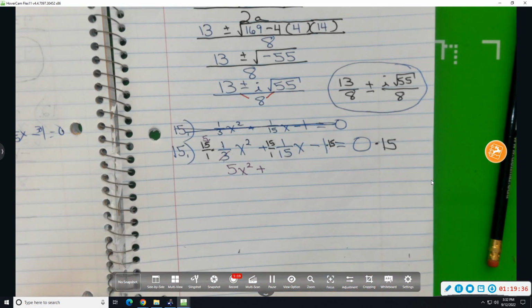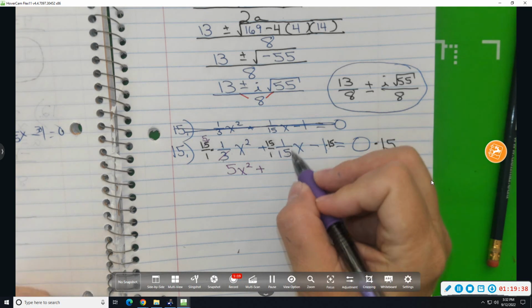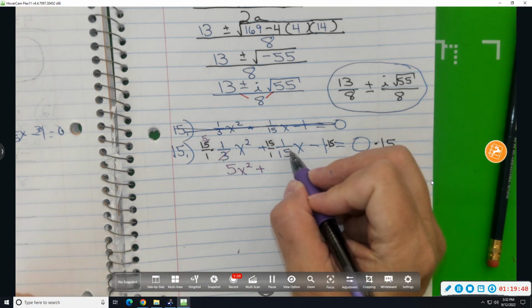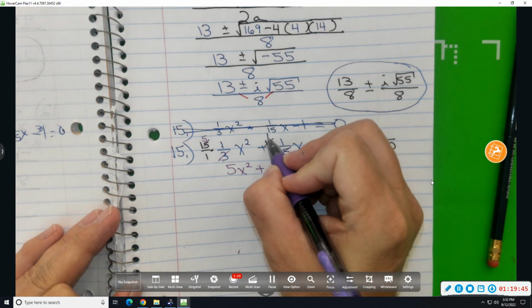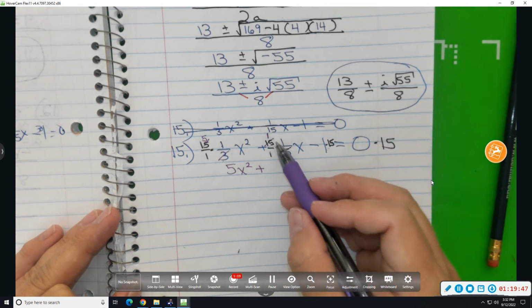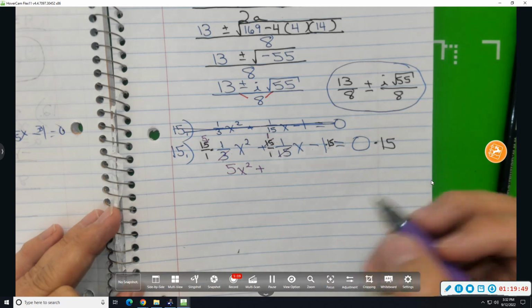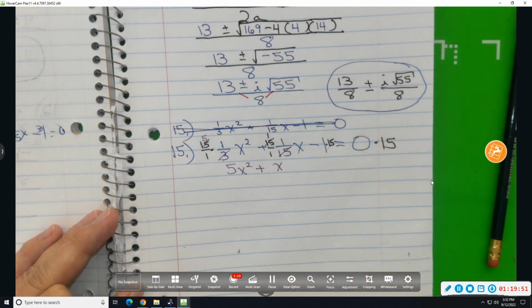Plus, let's cancel the 15 over 1 times 1 over 15. 15 goes into 15 one time. 1 times 1, oh, this is nice. That gives me just a 1x.